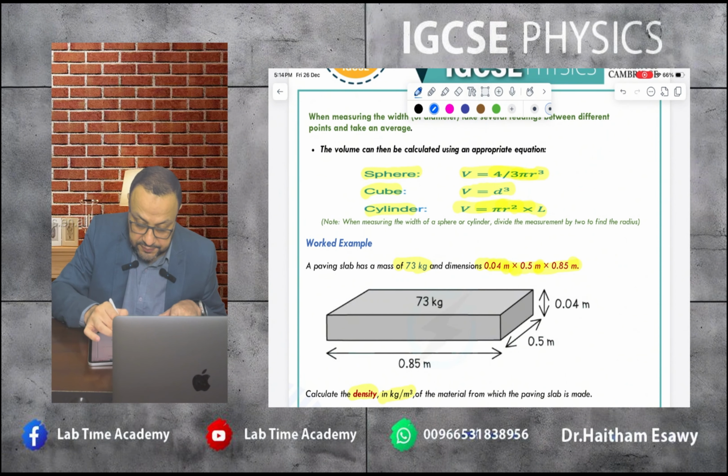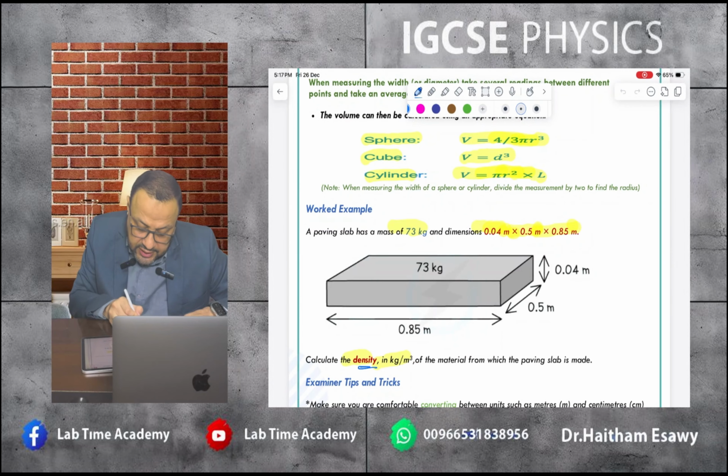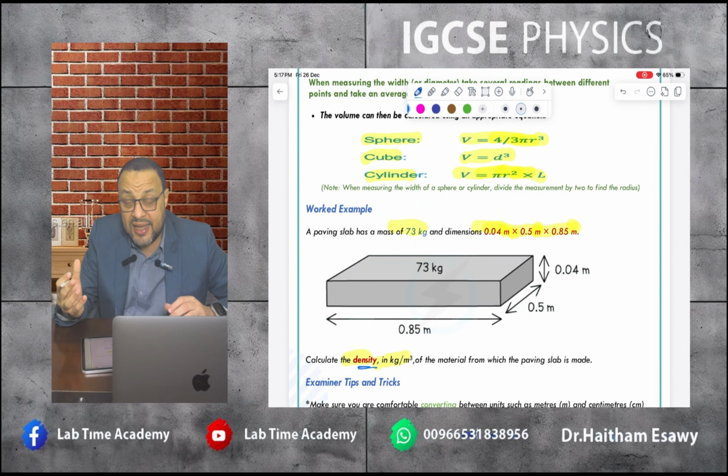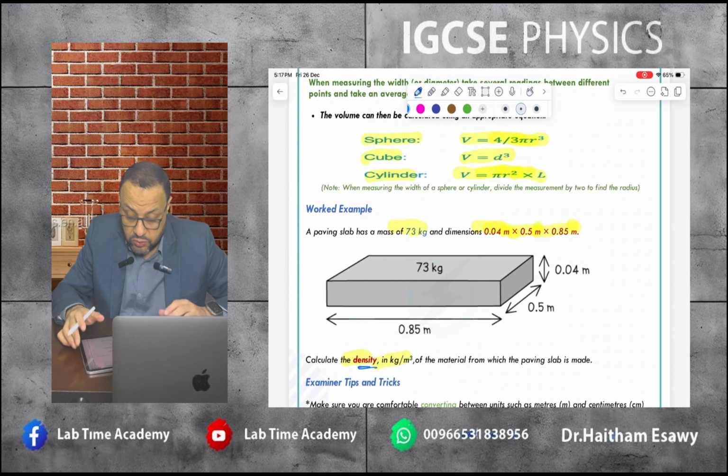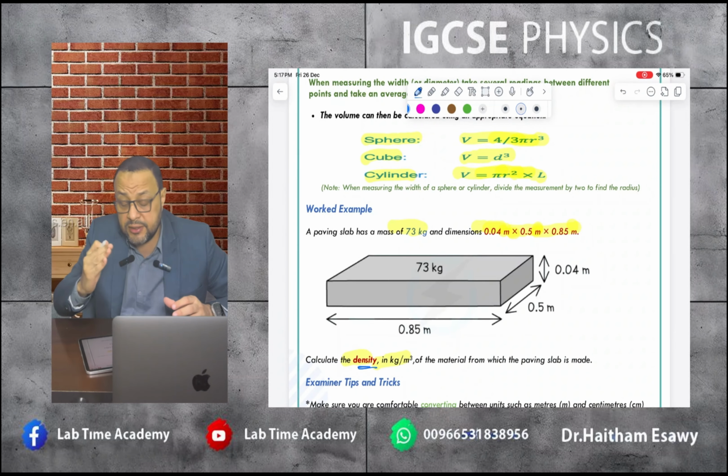So if we want to calculate the density, we have to calculate the mass and then divide it by volume. First we have the volume, and we have a cube. What about the volume for the cube? Length times width times height.